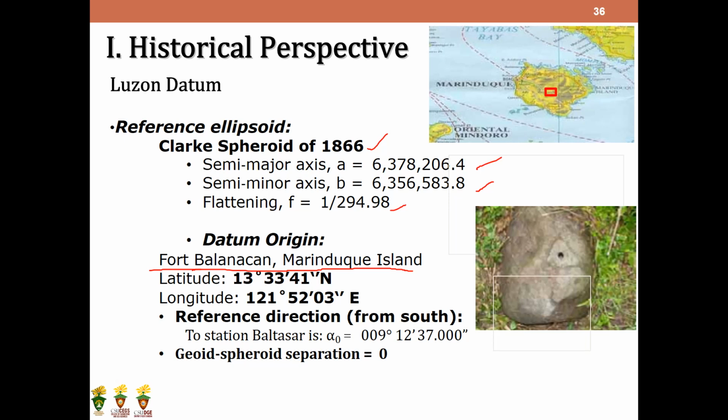The latitude is 13°33'41" and the longitude is 121°52'03". Its reference direction is from the south, from station Baltazar, for its azimuth. In the Luzon Datum, the geoid-spheroid separation, N, is 0, while in PRS-92 it is 0.34 meters.